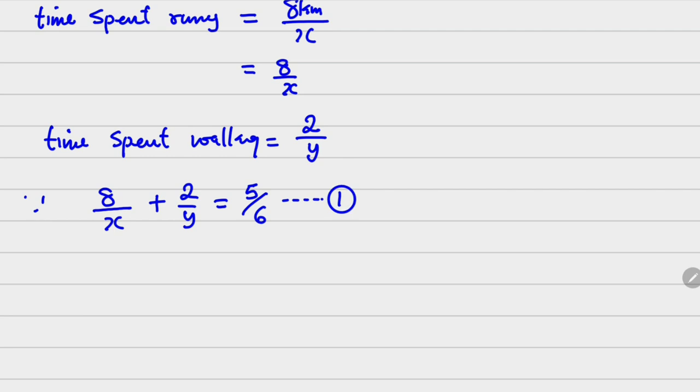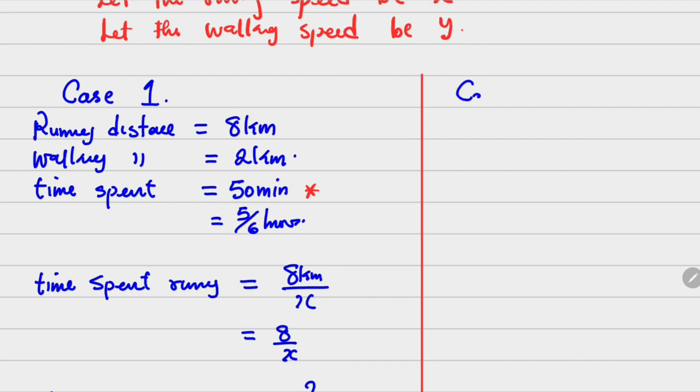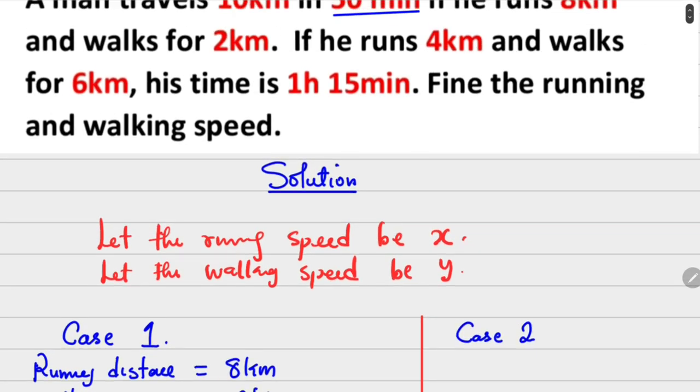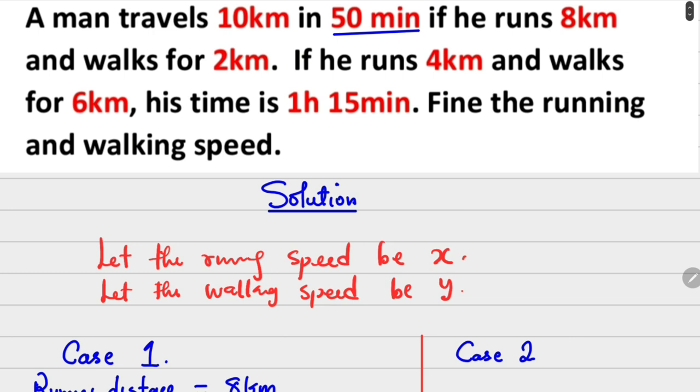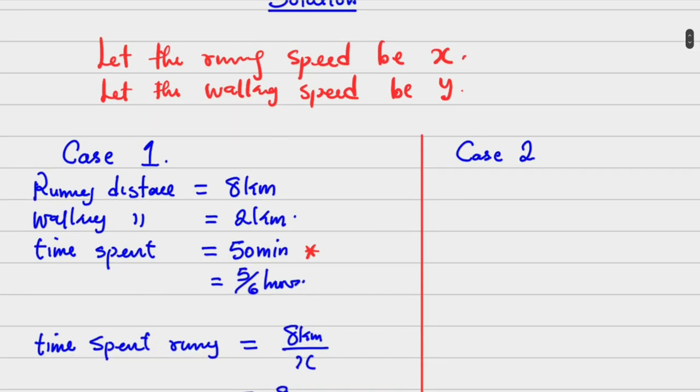Now, let's move to the second case. Now, case 2. In the second case, we are told that the distance for running and walking are 4 and 6 respectively. So we come here for running. We are told that it's 4 kilometers. Then for walking is 6 kilometers.